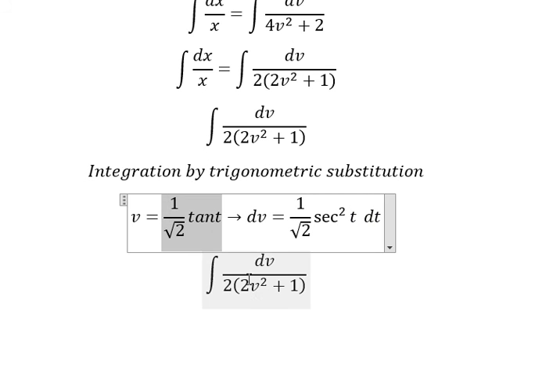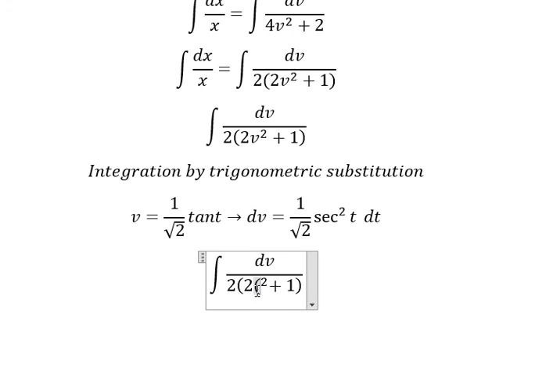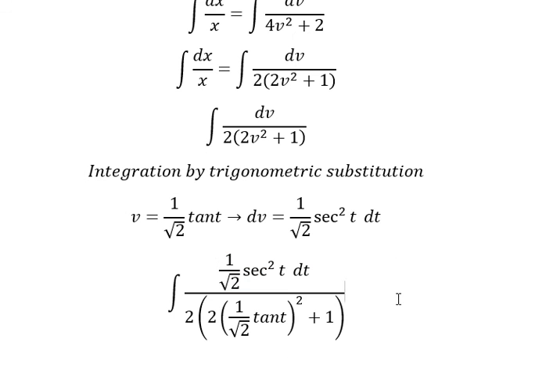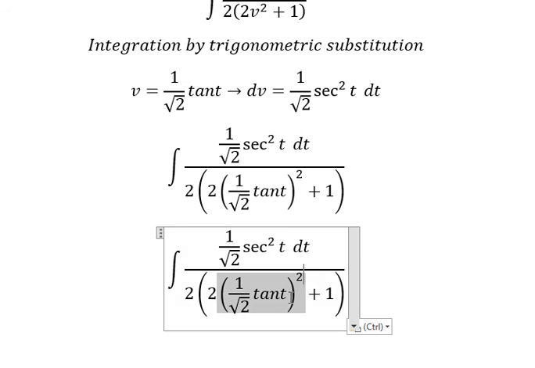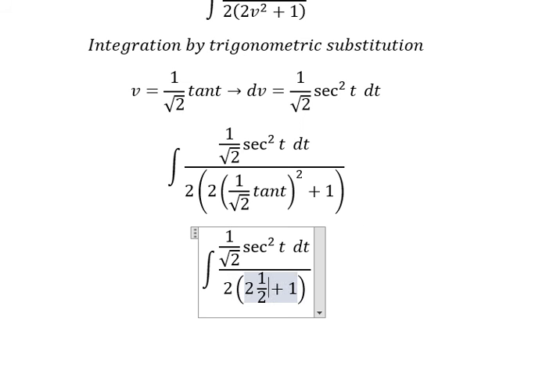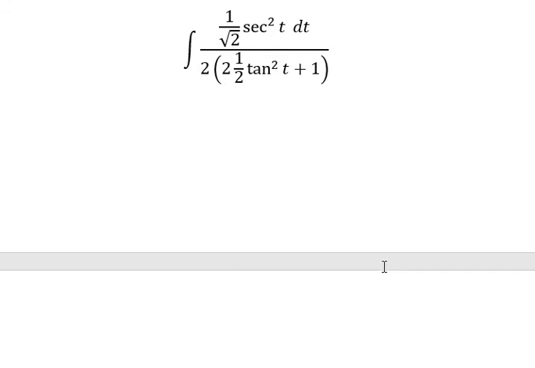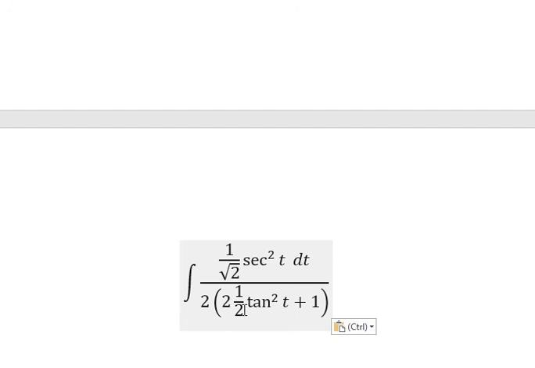So I will put this one go in here. dv we change by this one. So this one we have 1 over 2 tan t square. Number 2 divided by number 2.